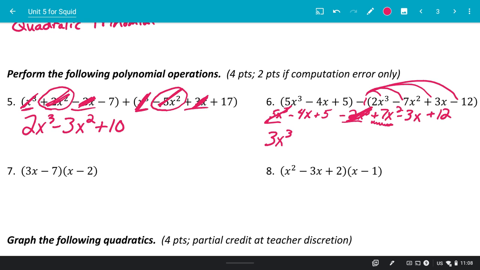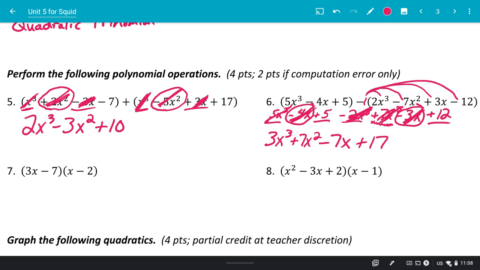Are there any others? No, so let's just bring it down: plus 7x squared. Didn't have any like terms. Now I've got an x and an x, negative 4 and a negative 3, the negative 7x. Only thing left are my constants: 5 and 12, the 17.